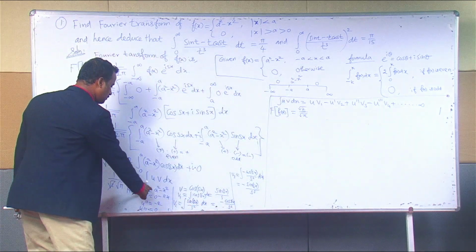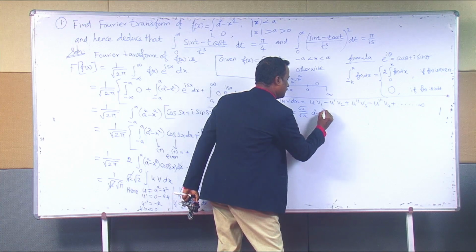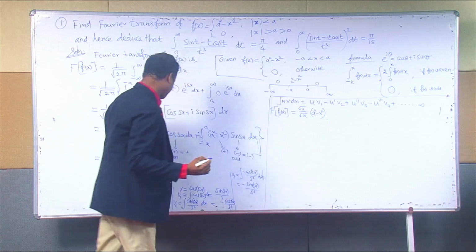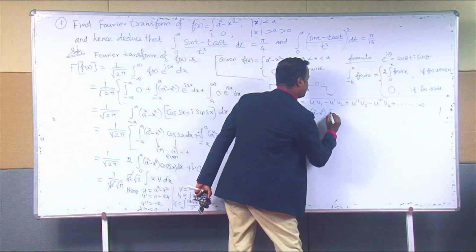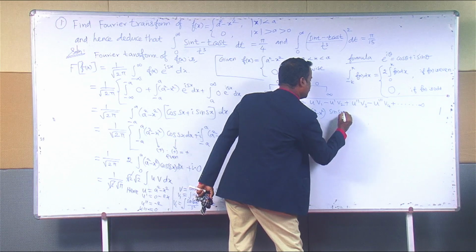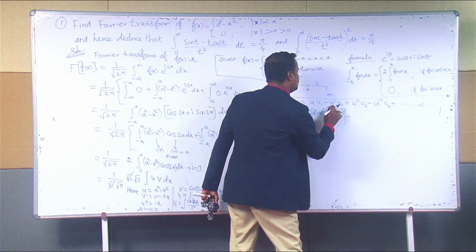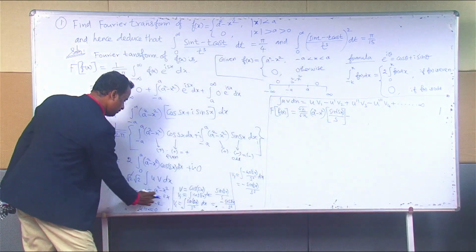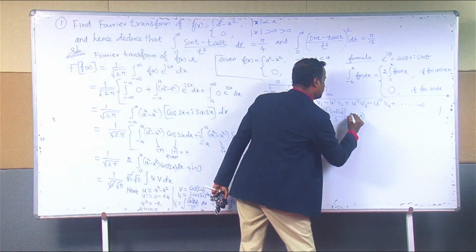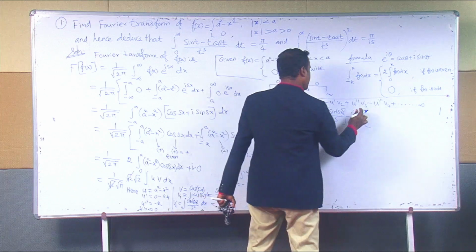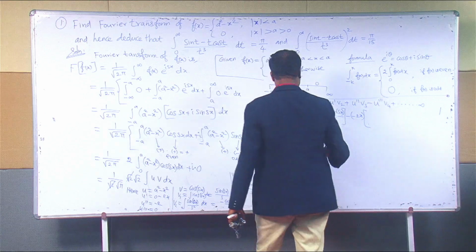The first function u is a square minus x square into v1. v1 is the integration value, sin sx by s. Next, minus u dash, which is minus 2x, into v2. What is v2 here? Minus cos sx by s square.